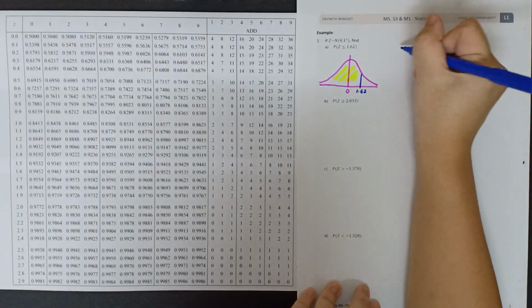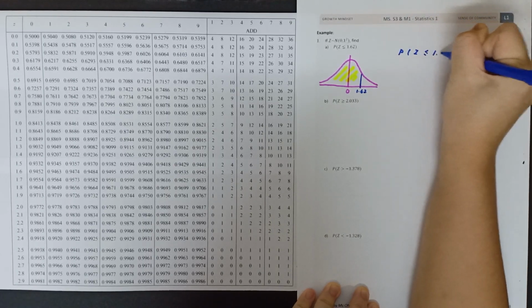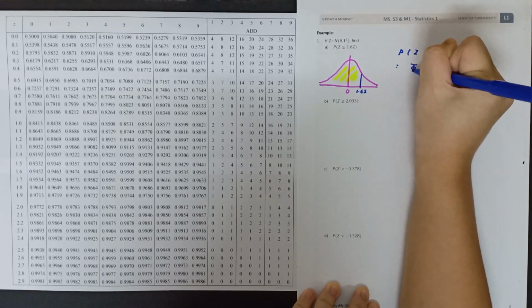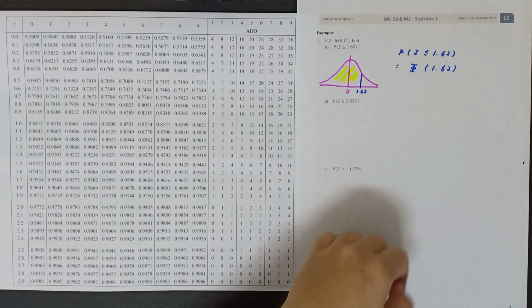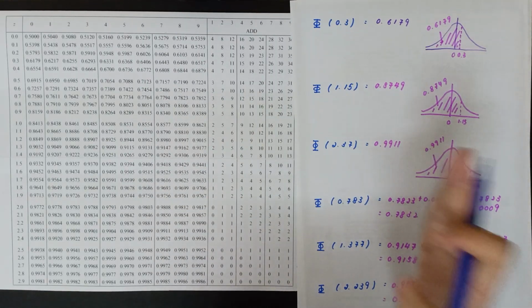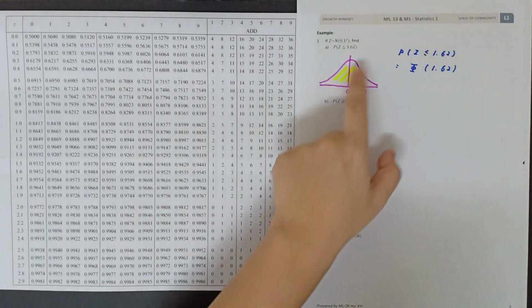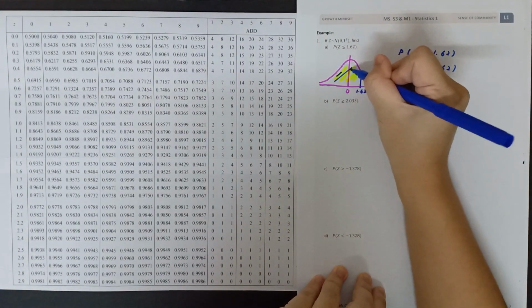So that's why probability z smaller or equal to 1.62 is basically the same thing as phi 1.62. Is that okay? If you still remember the exercise that we did just now, phi means you find the z value and everything that is less than. So you are finding exactly the same thing.